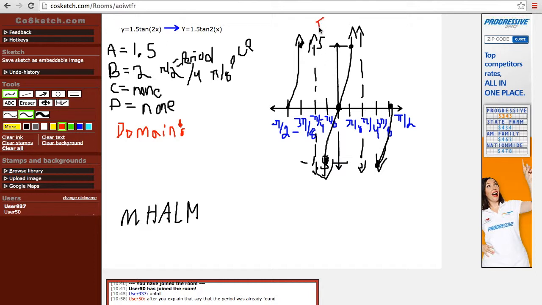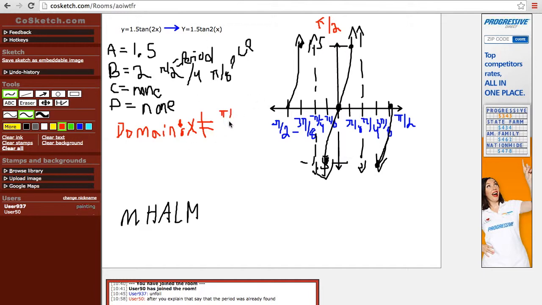Now you're going to have to find the domain and range. To find domain, you would need to figure out what's the period, which you already did by using the b value, which is pi over 2.